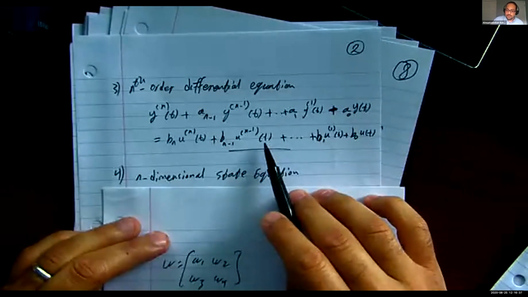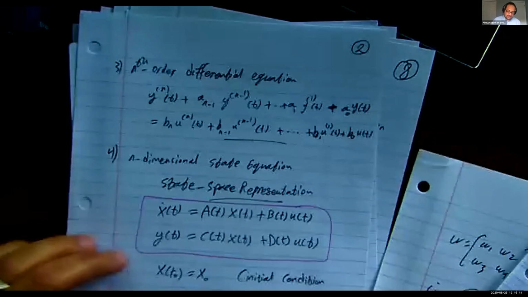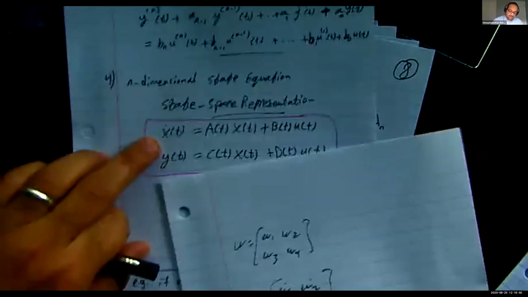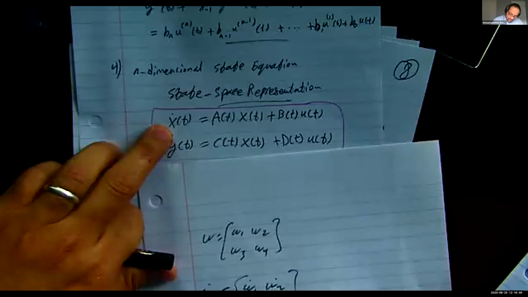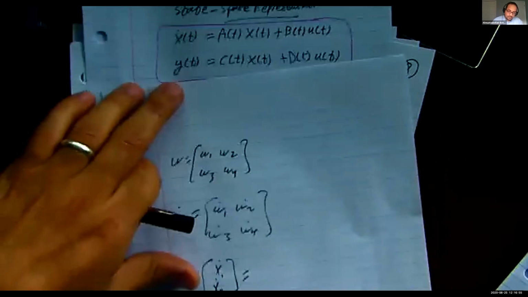Maybe, I don't know. But this equation means the same as this equation here. So let's take this equation here, x dot, which means x1 dot, x2 dot. Let's take the example when n is equal to 2.